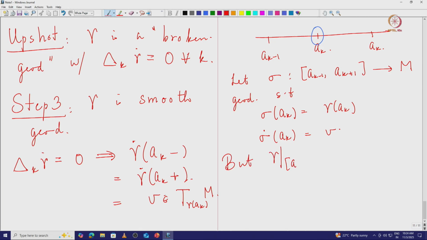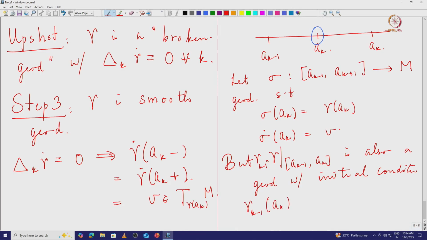But gamma restricted to a_{k-1} to a_k is also a geodesic with initial conditions. So let me call this maybe gamma_{k-1}, with initial conditions gamma_{k-1} at a_k is gamma of a_k and gamma_{k-1} dot at a_k is equal to this vector v, okay.